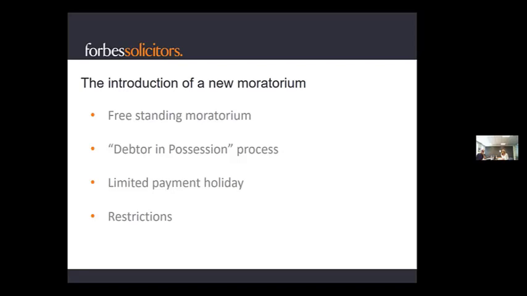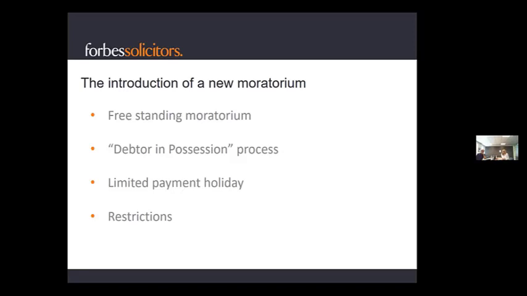During the moratorium itself, the company must continue to pay certain debts, including newly incurred liabilities, payments for new supplies, rent in respect of the moratorium period itself, certain payments due to employees, and debts under financial contracts, including lending contracts. If those debts aren't paid, the moratorium will end. Therefore, support from lenders will be required throughout this process.